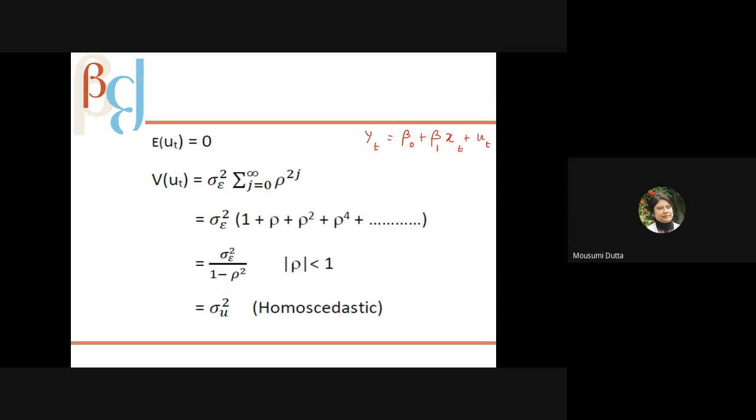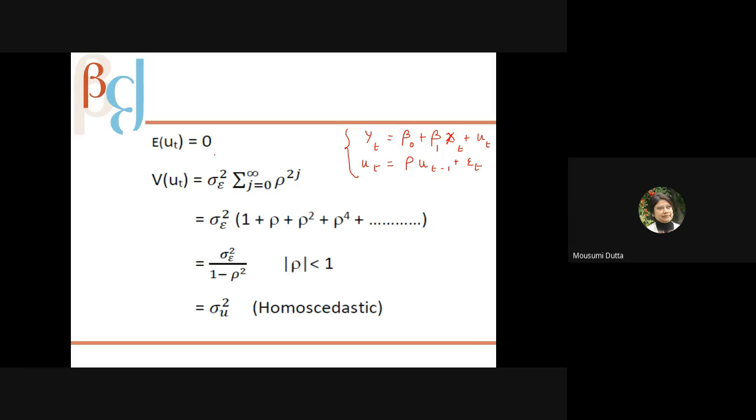This x is capital. So this pair of equations are there to begin with. This is my original regression model, and the other is showing the presence of autocorrelation.